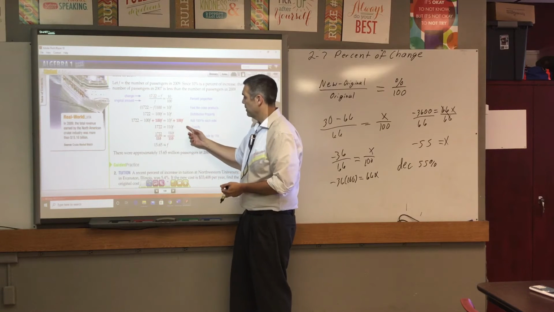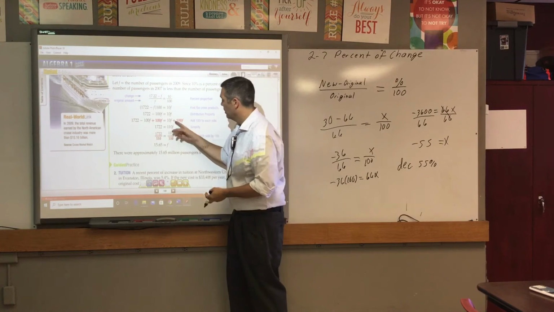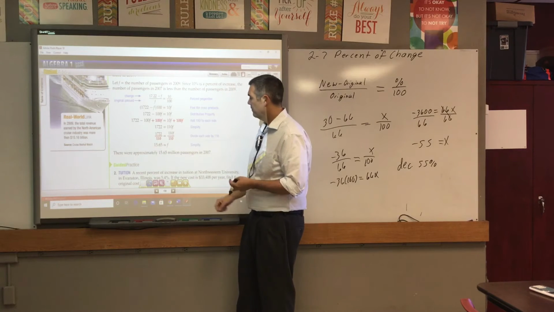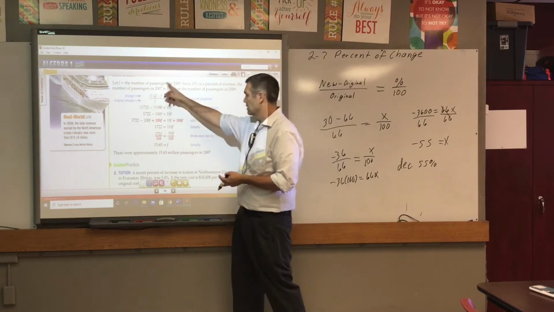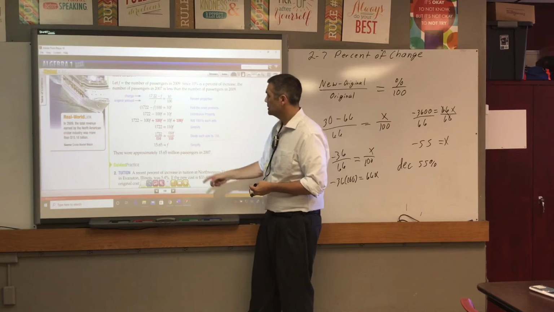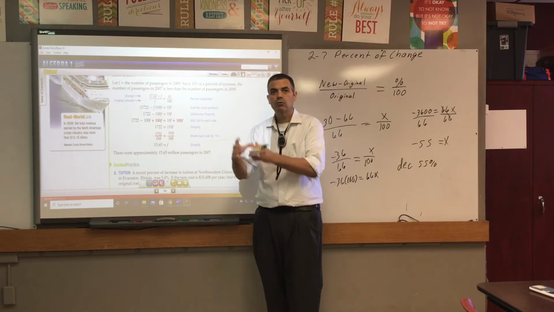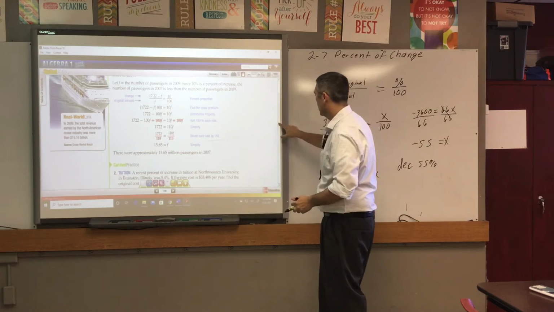Add 100F to both sides. They're starting to isolate the variable, okay? Divide by 110, and they get 15.65 approximately equals F. They say approximately because of the million passengers. There were approximately 15.65 million passengers in 2007, so that's your original number, okay? So that's what they're looking at.